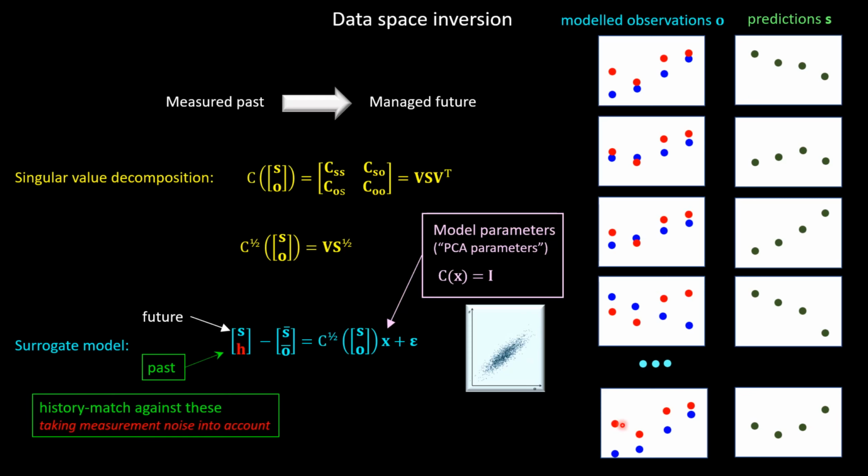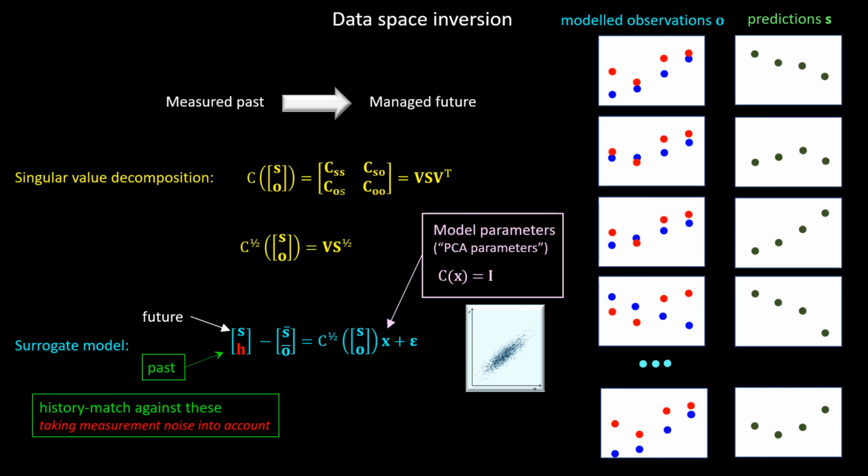So now I bring my measurements back into play and I history match this little model, and once I've done that I can make predictions with this little statistical model, quantify their uncertainty and get the most likely values for the predictions.